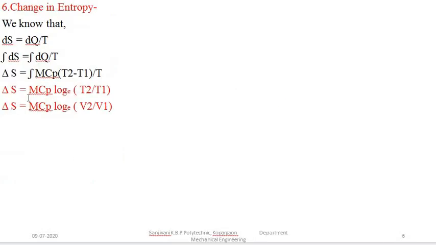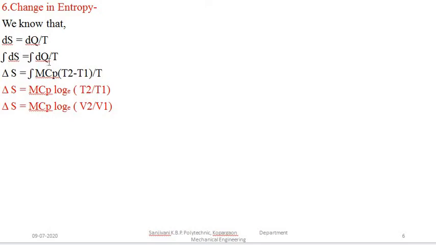Now the last parameter of analysis, that is the change in entropy. So we know that dS, that is change in entropy, is equal to dQ by T. So total change in entropy is given by integration of dS, that is equal to integration of dQ by T between the limits at state point 1 to state point 2. Now here delta S is equal to integration of dQ.